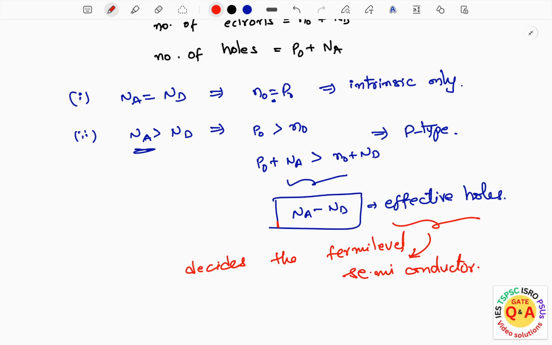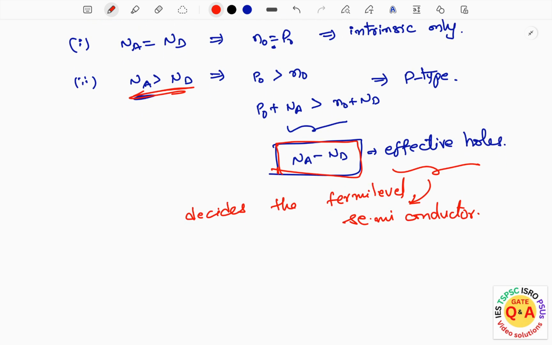So the effective holes are Na minus Nd, because Na is greater than Nd. If in case Nd were greater than Na, then the effective electrons would be Nd minus Na. That will decide the Fermi level of the semiconductor.